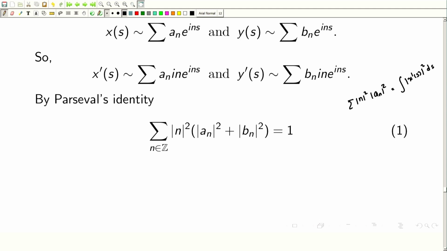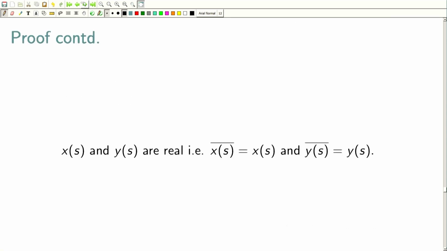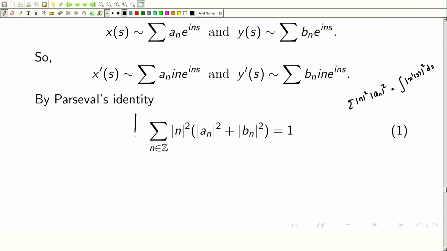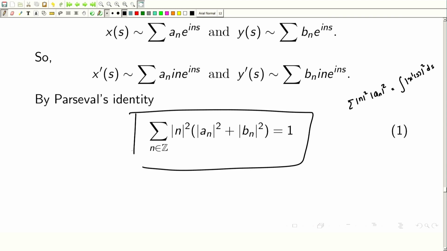This is the L2 norm. If I take the arc length parameterization, this is going to be equal to 1. So, this is what we have got. Equation number 1 is: the sum of mod n square times mod a n square plus mod b n square is equal to 1.